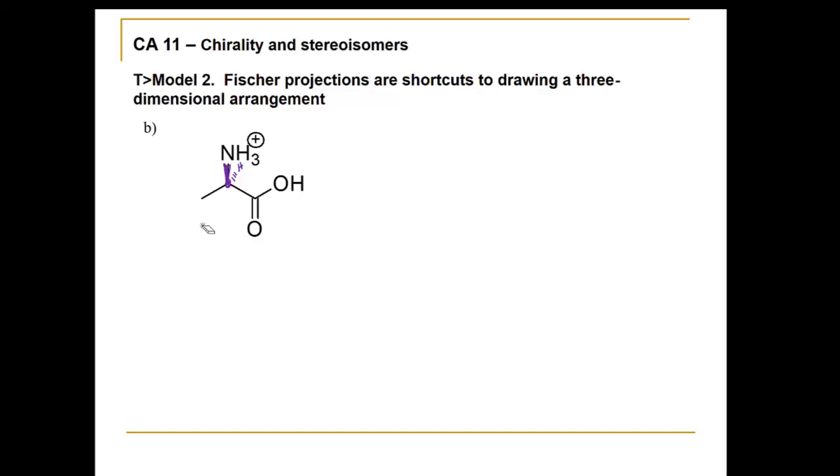Okay, now again, it depends on where you put your eyeball. I'm going to put my eyeball up here and look down, and I'm going to say this is the top of my molecule with the carboxylic acid. So if that's the top of my molecule, I have the C double bond O, OH. I've got my cross at the bottom.